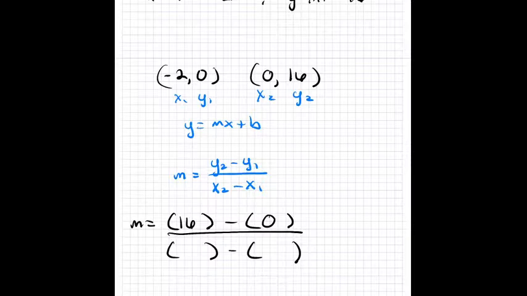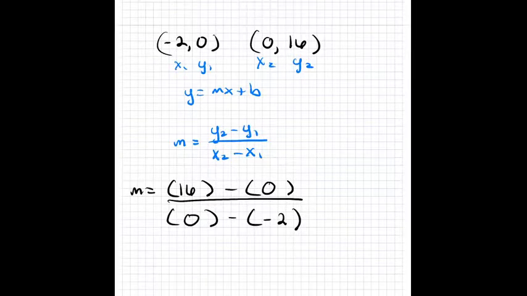On top, we're left with 16. On bottom, double negative is positive, so that's a 2. Ultimately, the slope is 8.